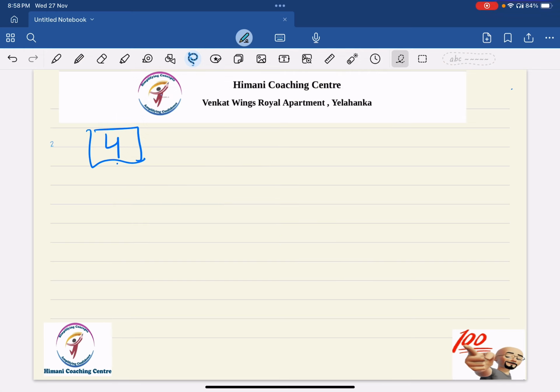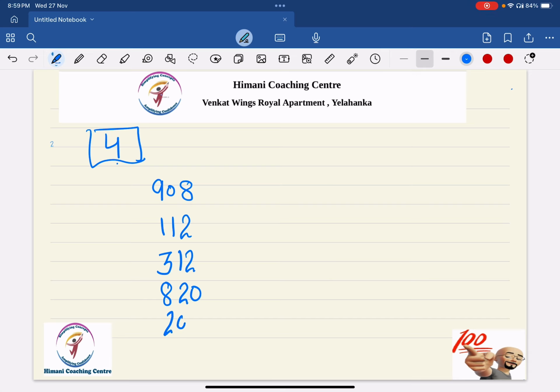Okay. Now let us write a few numbers and check. What are we now checking? So let us do this: 908 and 112, 312, let us say 820, and let us put a number as 200 and another number as 307.